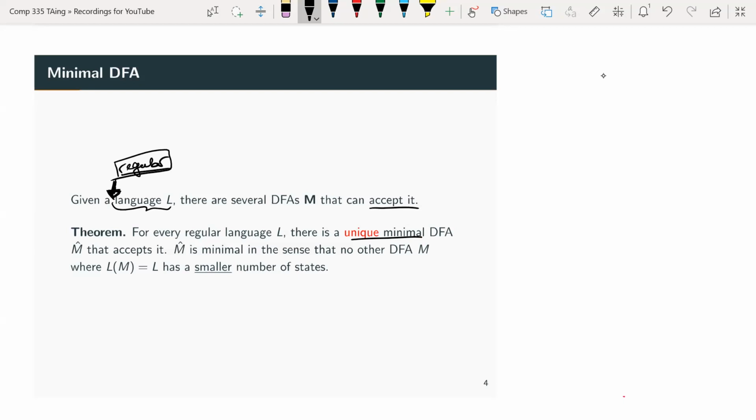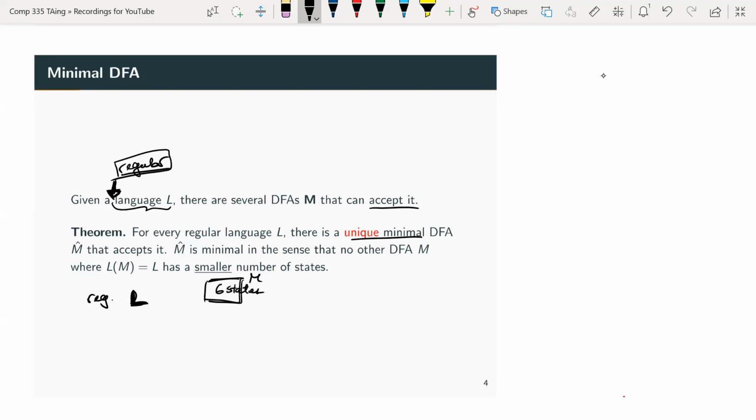So what I mean by that is, let's say I have this language L that is regular, and I want to generate or create a DFA that accepts it. Okay, so maybe one student is going to create a DFA M with, let's say, 6 states.